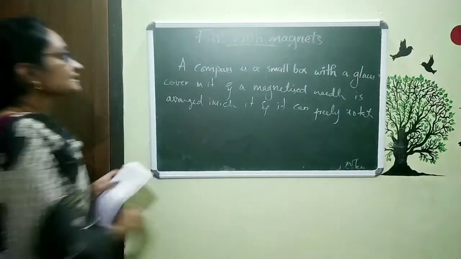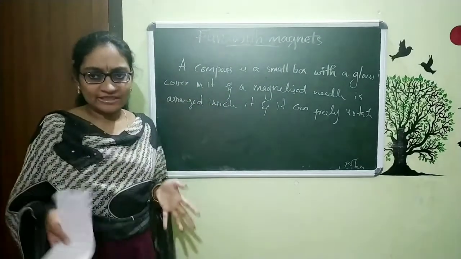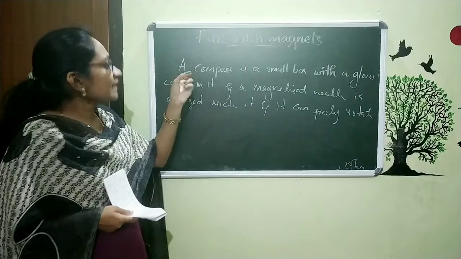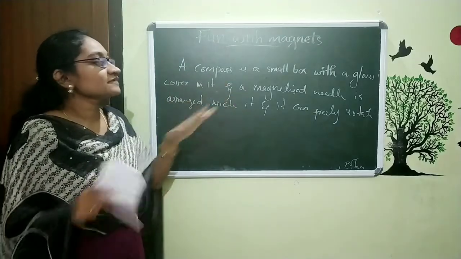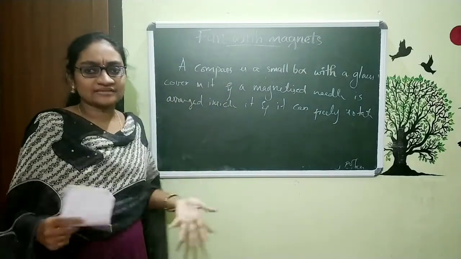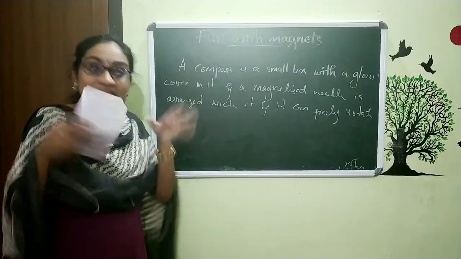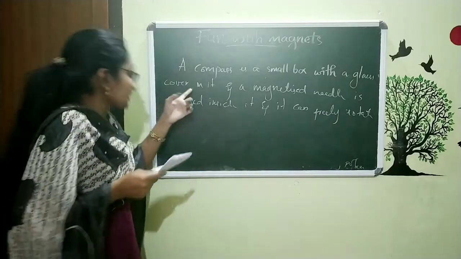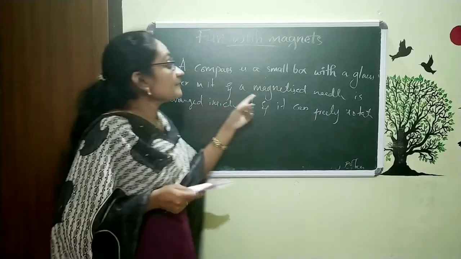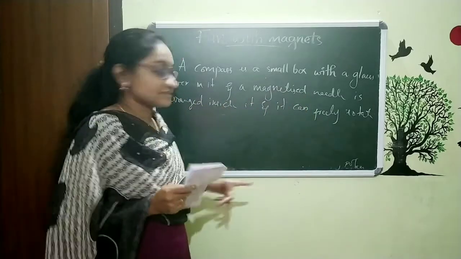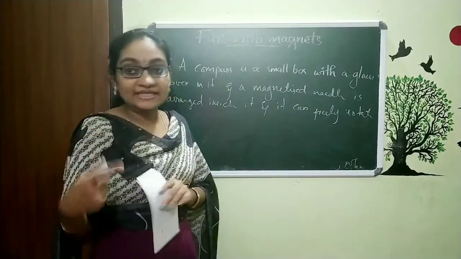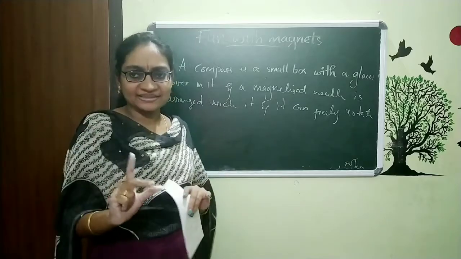So a compass is a small box, as I already showed. A compass is a small box with a glass cover, and that's why we can see inside the compass. A magnetized needle is arranged inside it. Inside we can see a needle, and I already mentioned that it is a magnet.